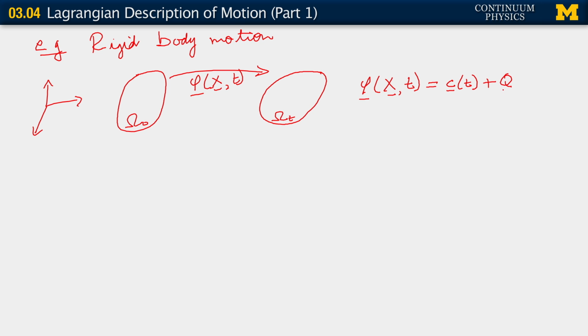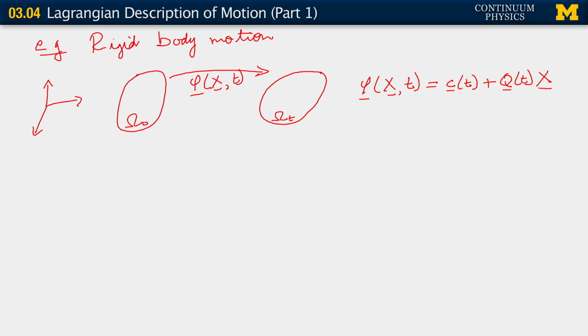The rotation is going to be written in this manner. Q is a rotation tensor. It's one of our orthogonal tensors that we saw a few segments ago when we were talking about the change of basis. Remember, we were talking about how we could change this basis to another one, and we said that the relation between the two bases was given by the orthogonal tensor Q.